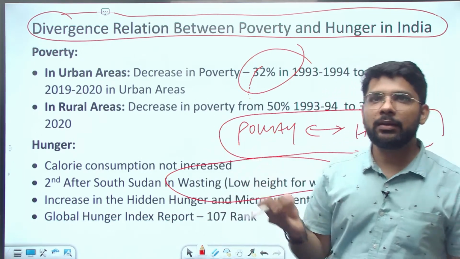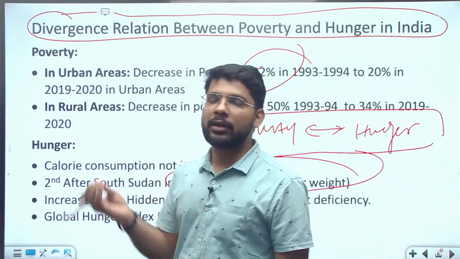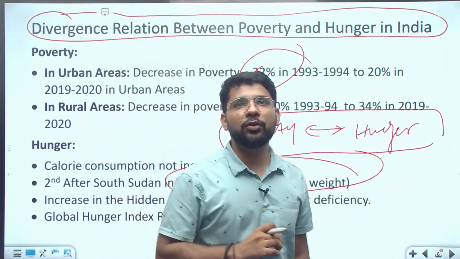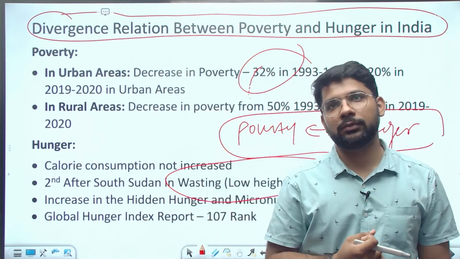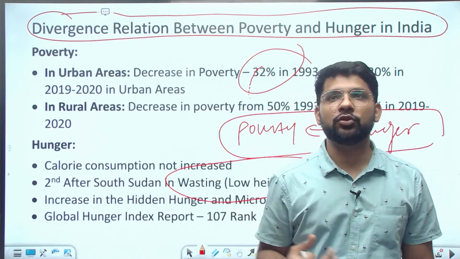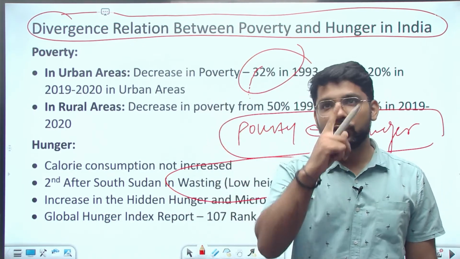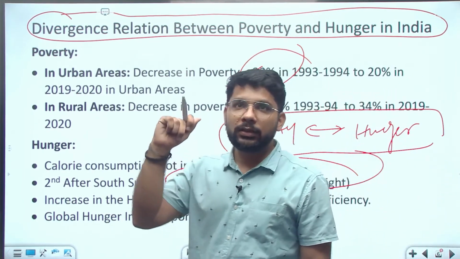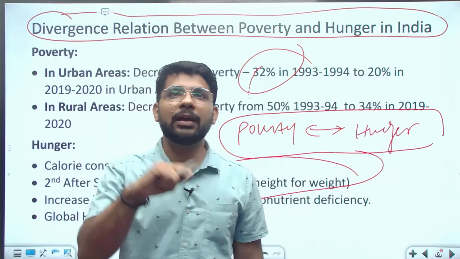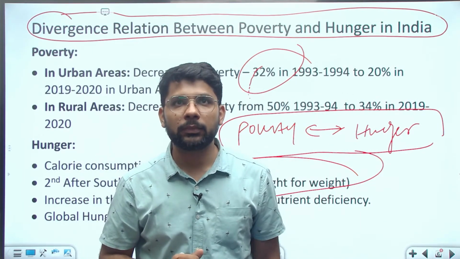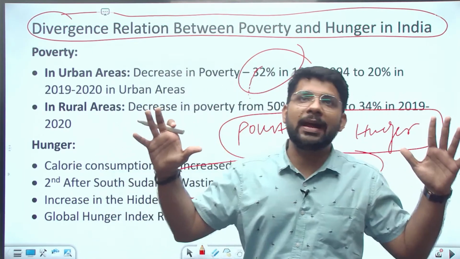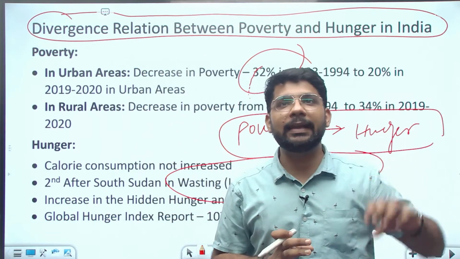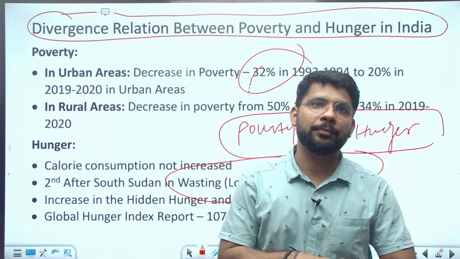It may be wasting, stunting, low weight for height, deficiency in micronutrients, or calorie consumption. These are worsening. So this is the first part of the answer. You need to address it with data, specific examples, and arguments. So this shows the divergence between poverty and hunger in India.